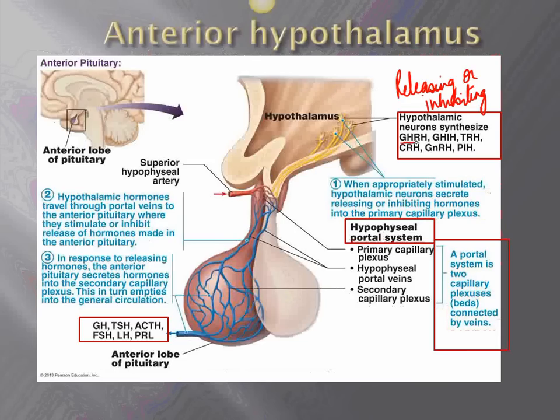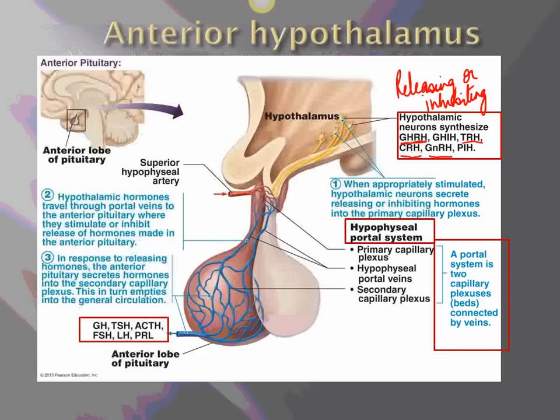So the releasing hormones are growth hormone releasing hormone, thyroid releasing hormone, corticotropic releasing hormone, and gonadotropin releasing hormone.